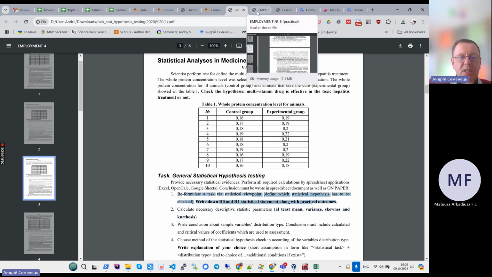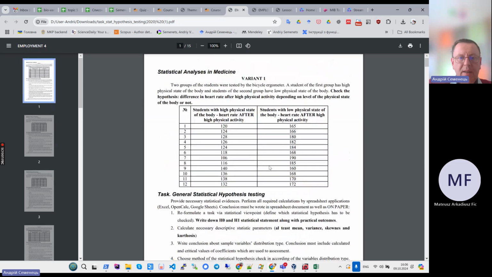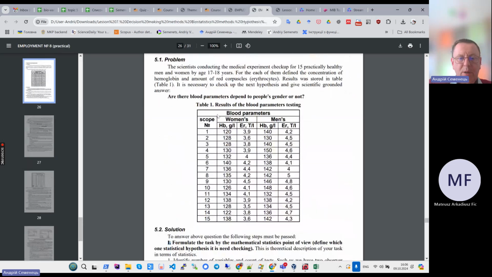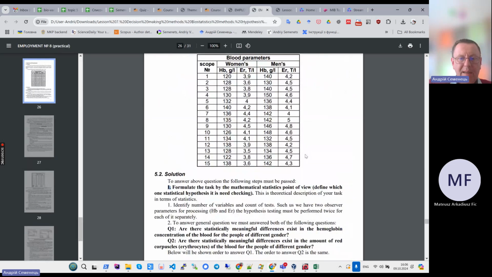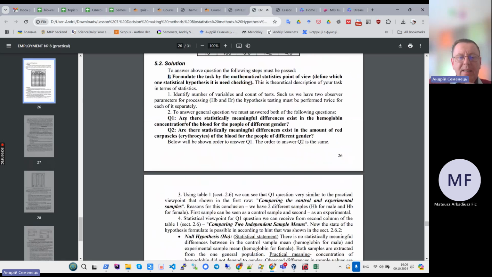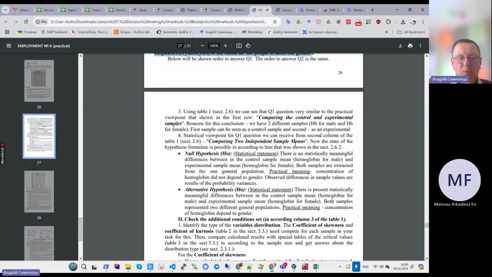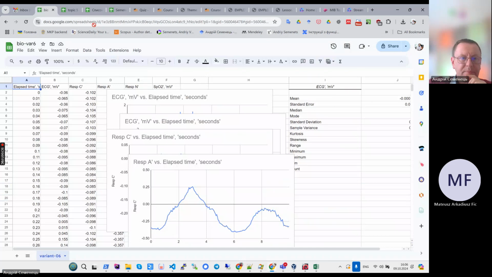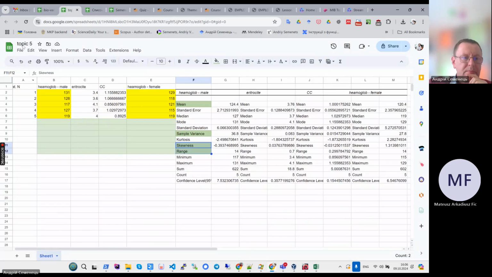And because I'm using the same data, like in the example about hemoglobin and erythrocytes for male and female, my statement will be like this one. So here will be my null and alternative hypotheses, these two pieces, exactly like this. Let me rename it into topic 7 now.